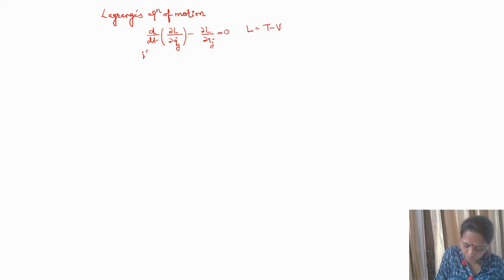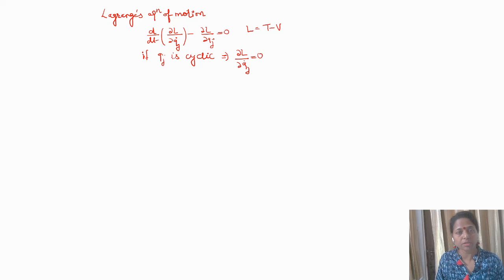Now, if qj is cyclic, then L will not depend upon qj and ∂L/∂qj will be 0.